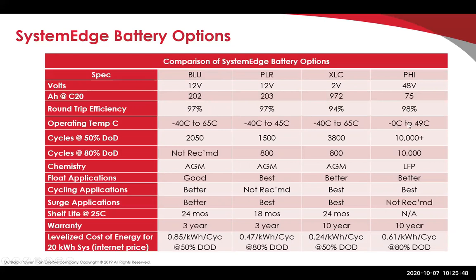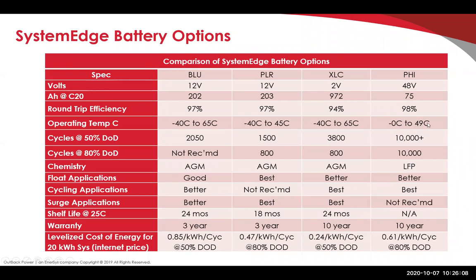There is a wider temperature range for discharging, but not for charging. So since you're going to be charging your batteries, not just discharging them in the same environment, I put the charge temperature range on here because really it's the limiting factor.